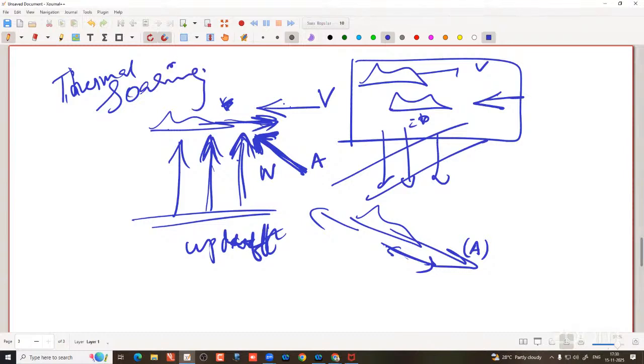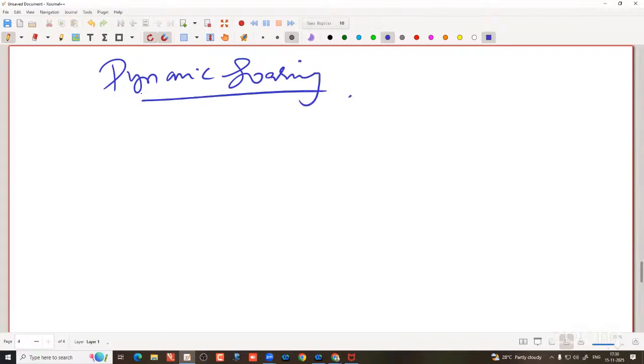Okay. Now let me explain, since you asked about dynamic soaring. This is quite interesting, because you won't understand at first glance why it happens when you see something like this. Its observation came from a long time back.